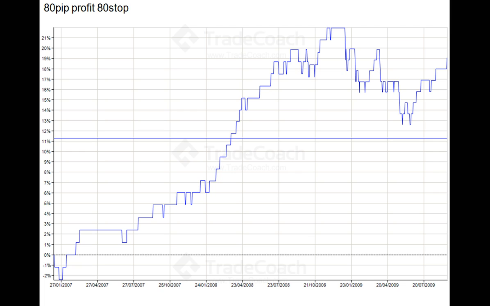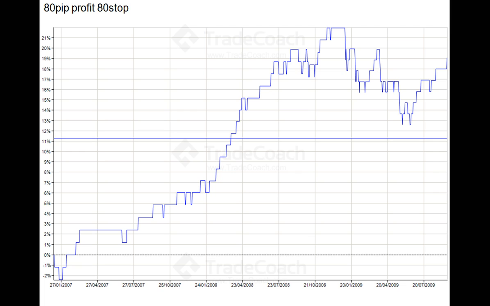Well, you can say, that's nice, but I can see on average I was making about $30 a trade. So when you get a winning trade and it makes you $110, if I was trading $1 a pip, I'd think to myself, yay, a $30 trade. And if it stopped out and I lost $80, I would think to myself, yay, a $30 trade. Because I know on average what it brings in.